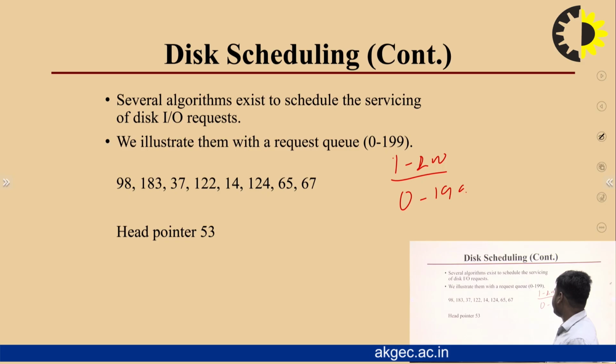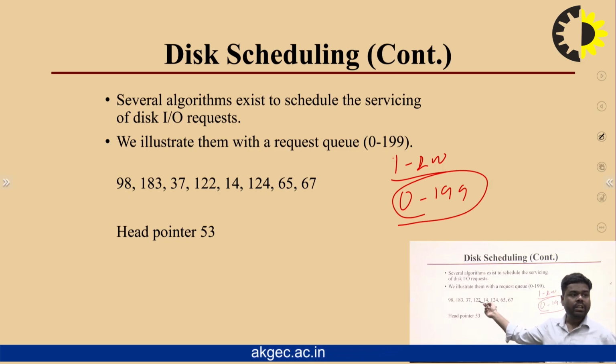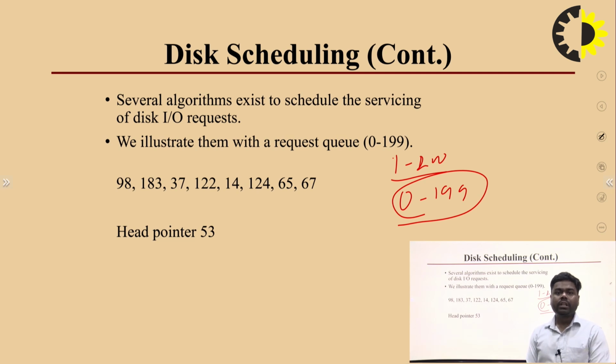So these are the requests: 98, 183, 37, 122, 14, 124, 65 and 67, and the head pointer is 53. It means the request is going to start from 53.